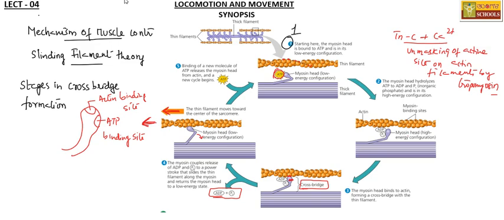I will show you now in an animation how it all happens. Here they have shown one small picture. On either side these are the actin filaments, and these are the myosin heads, making contact and then pulling these actin filaments over each other, thereby reducing the length of the sarcomere.